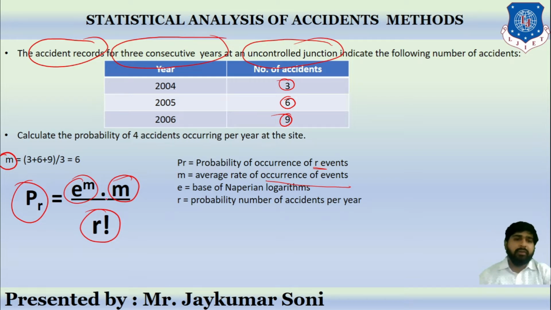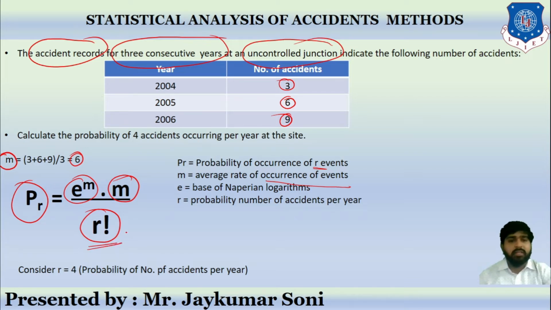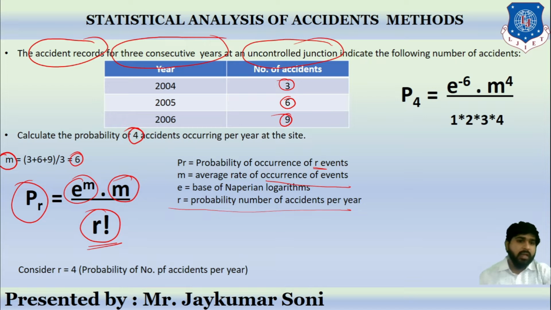We have already calculated the value of m, and the value of m is 6. We'll take r equal to 4, because here we have been given the probability of 4 accidents. So r will be taken as 4. Let us put the values: e raised to minus 6 into m raised to 4, divided by 4 factorial.